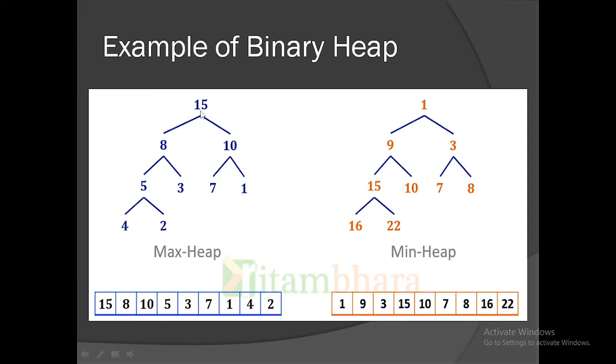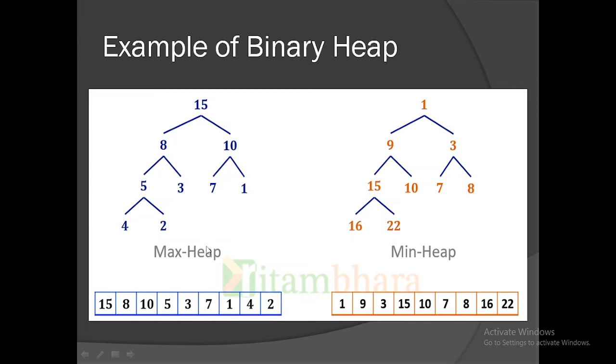Why is this a complete binary tree? It is completely filled at all levels except the last level. So this is an example of a max heap.